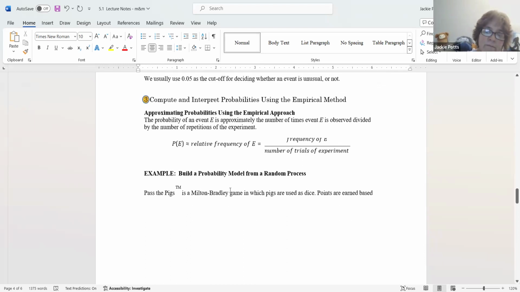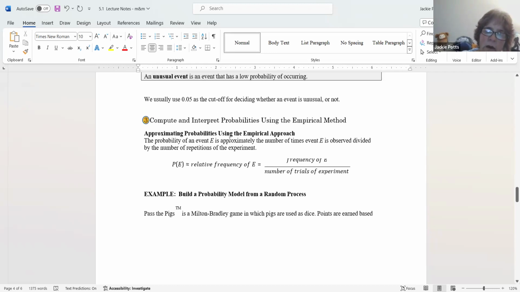So, empirical approach. We have three theories of probability. One is the empirical approach, which is the frequency of the event over the number of trials.